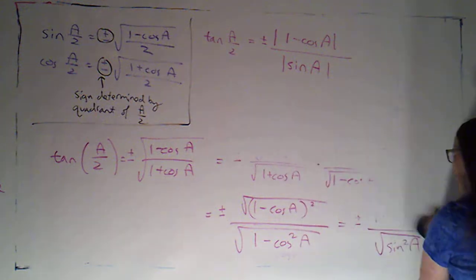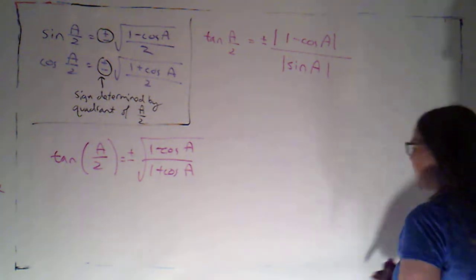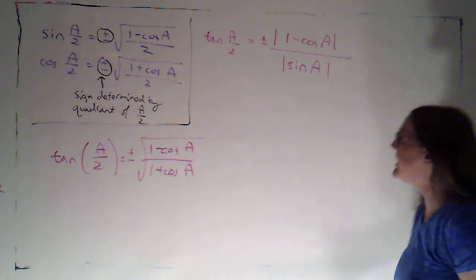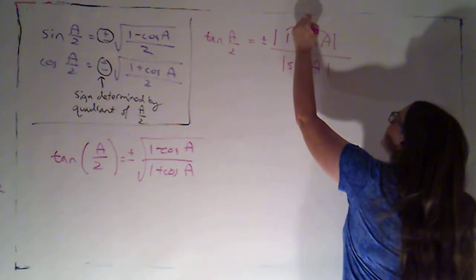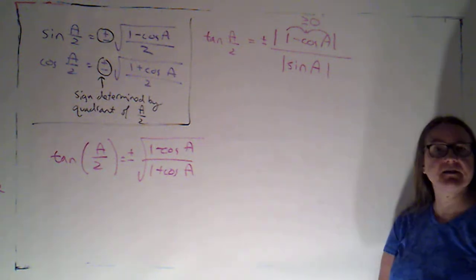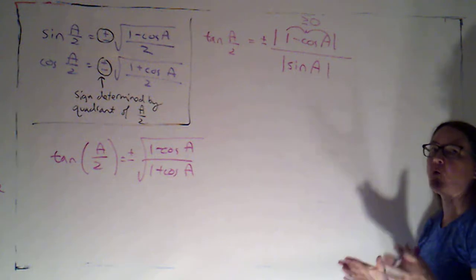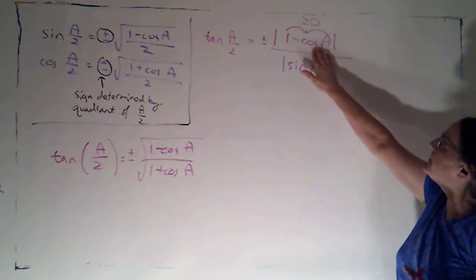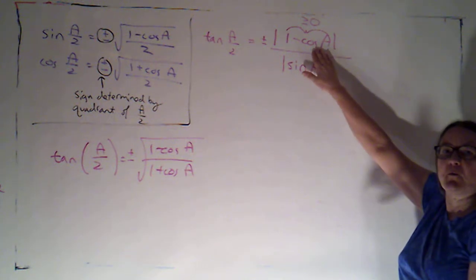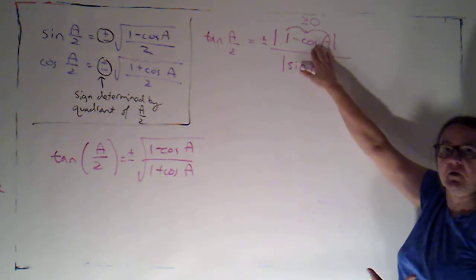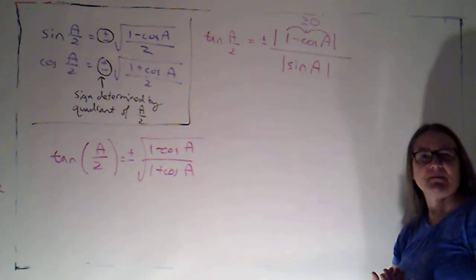I do have these two absolute values here, but we've got something very interesting. 1 minus cosine of A is always bigger than or equal to 0. There's no way that can be negative, because the biggest cosine can be is 1, and 1 minus 1 is 0. And if cosine is smaller than 1, 1 minus anything smaller than 1 gives me something positive.